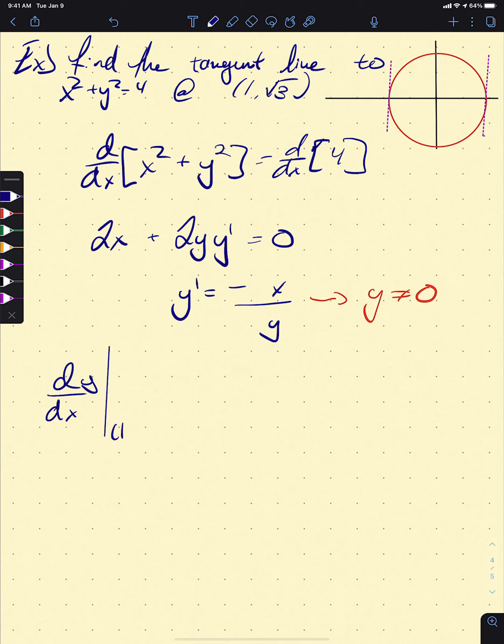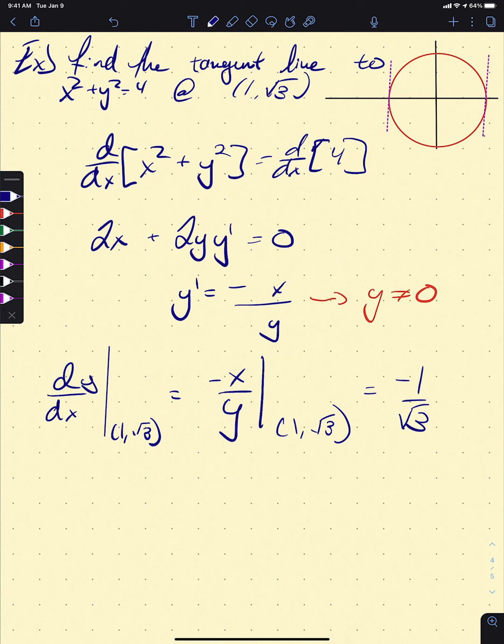That just means plug in this point for whatever this is. That's minus x over y evaluated at (1, square root of 3), which means it's minus 1 over the square root of 3.